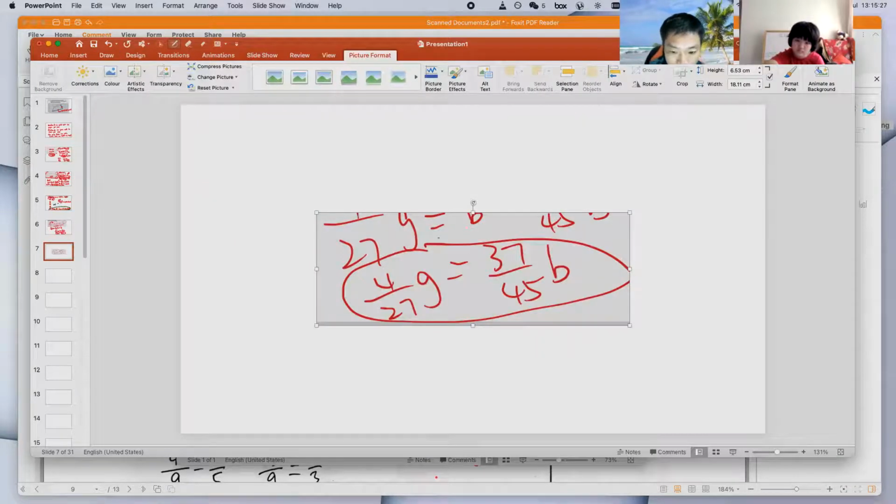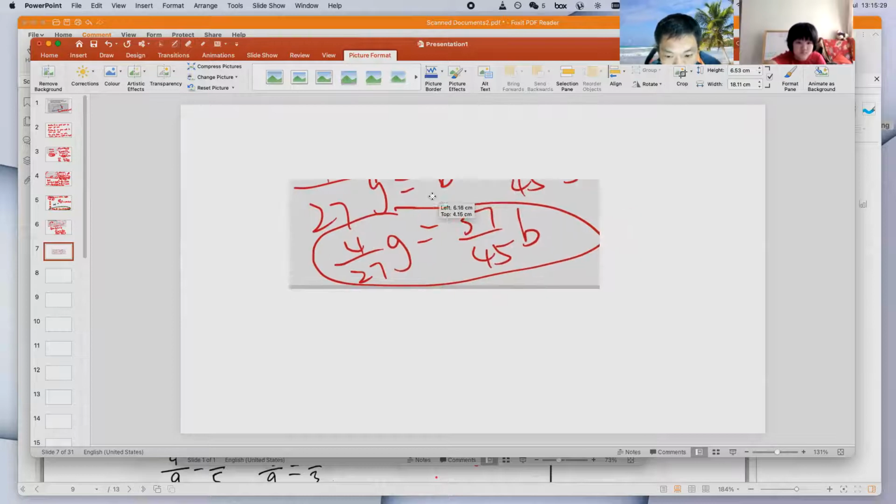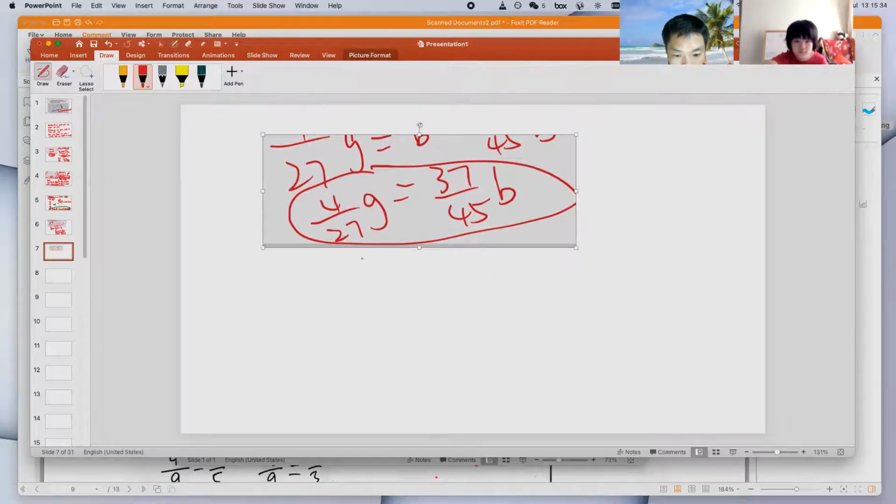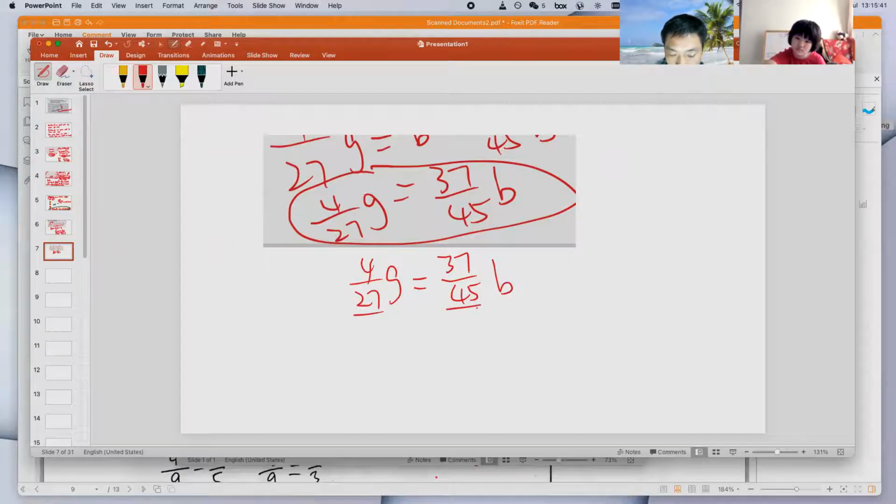Okay, so 4/27 G is equal to 37/45 B. So what is the common multiplier? This is 3 times 9. This is 5 times 9. So therefore, 15 times 9 is what? 135.